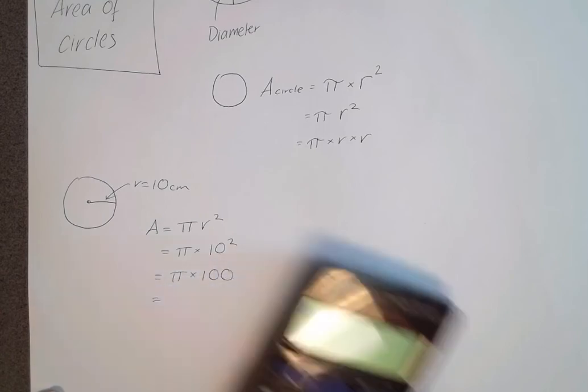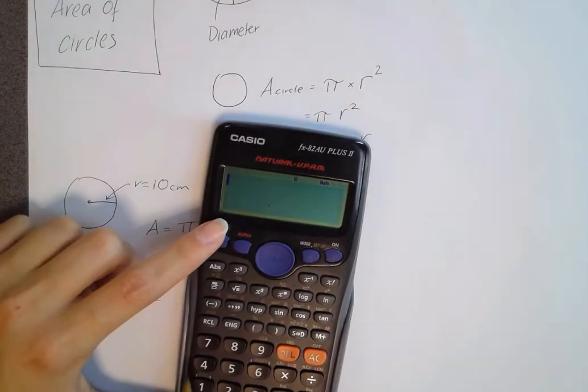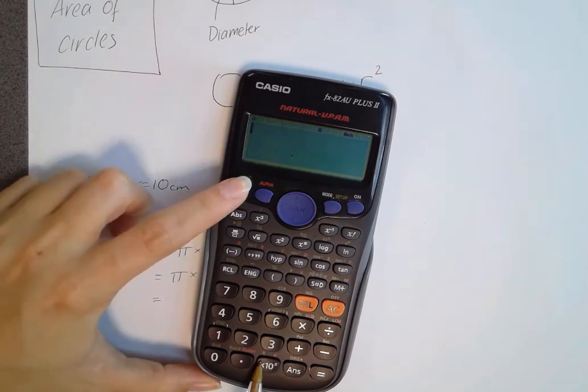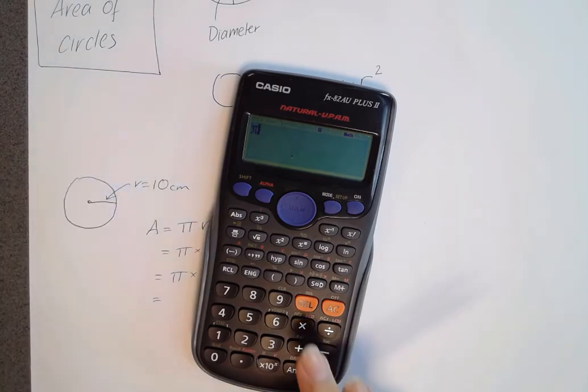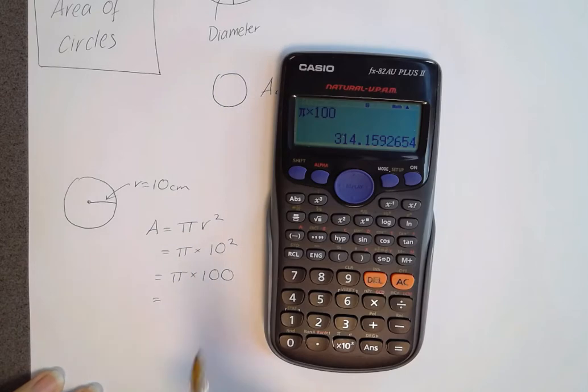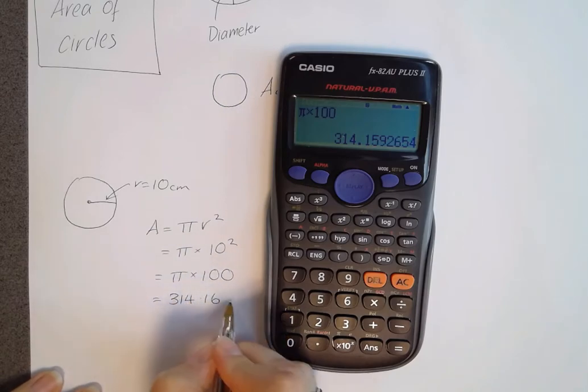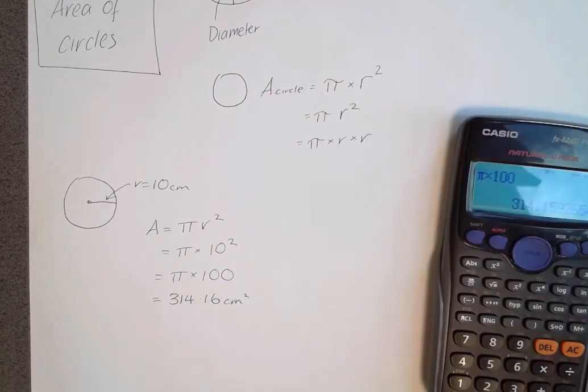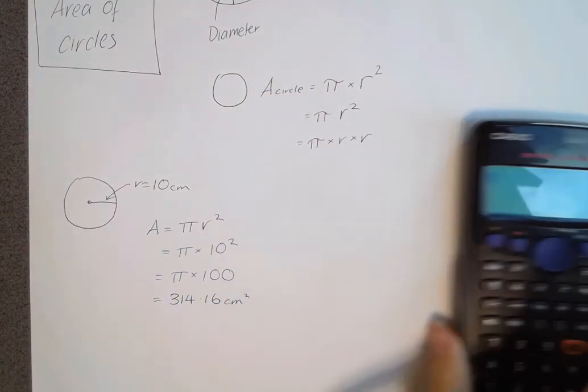Just to be sure, let's get our calculator and practice finding pi. Pi is down here, so we have to go shift pi times 100, and that is 314.16. We're going to round, and remembering we are using squared units this time.